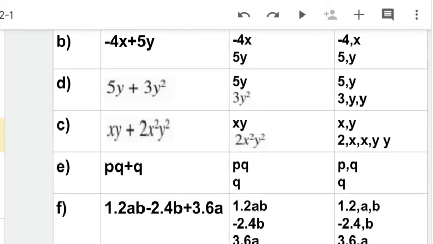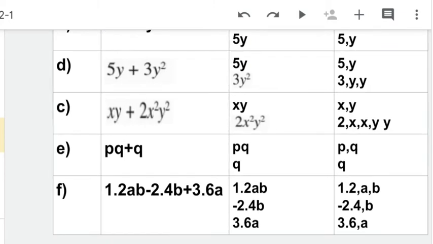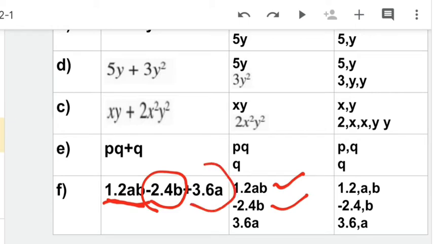Similarly, you can see all the other parts we did in the first part. You can see the factors for the last part. We have three terms: 1.2ab, the second term is minus 2.4b, and the third term is 3.6a. The factors of 1.2ab are 1.2, a and b.